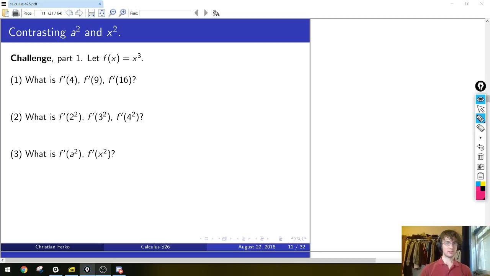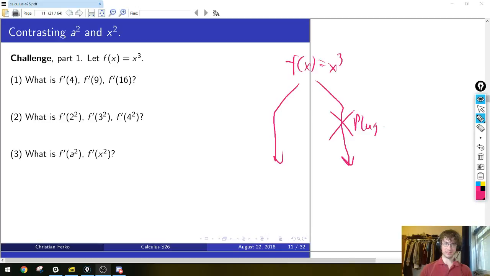Well, it's also not 0, right? We spoke about this before. If f of x equals x cubed, you do not first plug in 4 and then take the derivative. If you plug in 4, you get 4 cubed, and if you take the derivative, you get 0. The notation f prime of 4 means take the derivative with respect to x and then plug in 4.